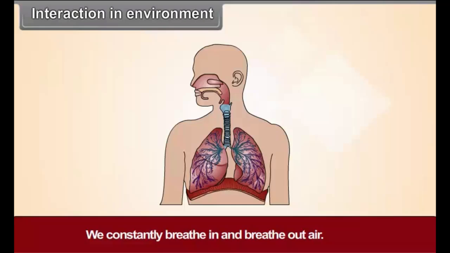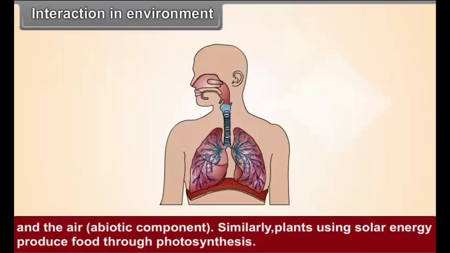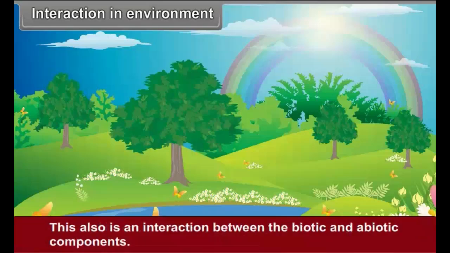This means there is an interaction between us, the biotic component, and the air, the abiotic component. Similarly, plants using solar energy produce food through photosynthesis. This also is an interaction between the biotic and abiotic components.